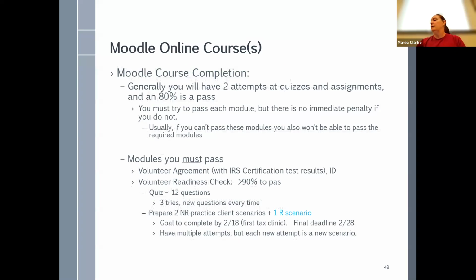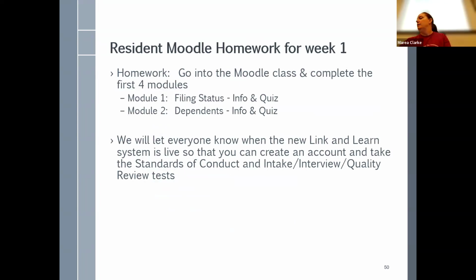Same skipping things as usual, same 80%, same things. If you do the non-resident and resident, there is a resident scenario as well that you have to pass in the volunteer readiness check. So that'll be 3 total scenarios that you have to do. And you will have 2 modules to do.